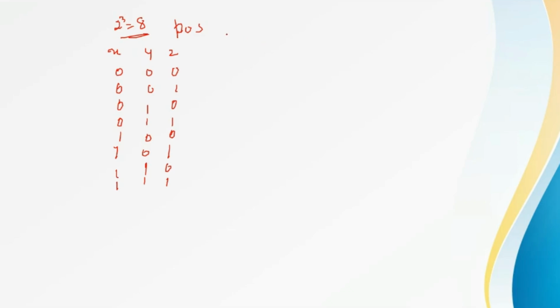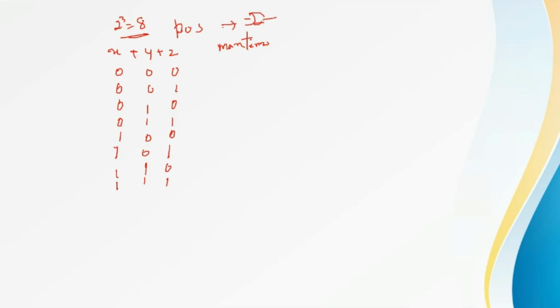Here we are checking for the POS, right? POS is maxterms. In the maxterm, POS is what? Product of sum. Correct. So these are some products, so we have to have the plus signs between these things. This will be denoted as the OR gate only.